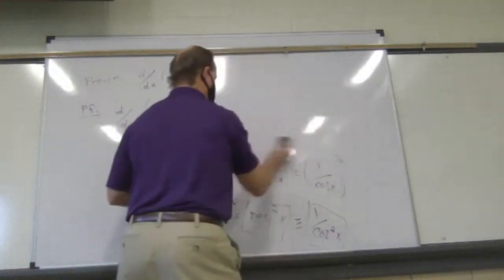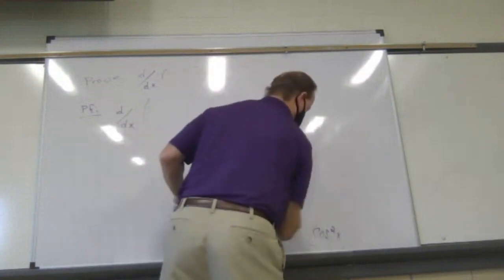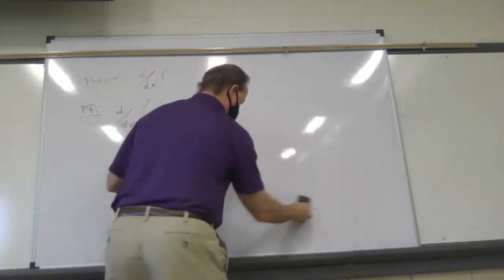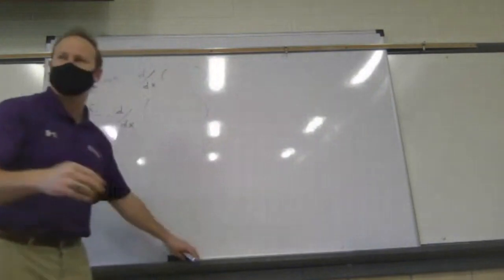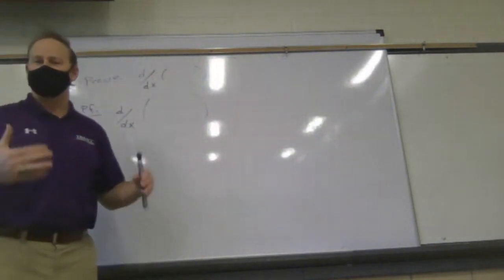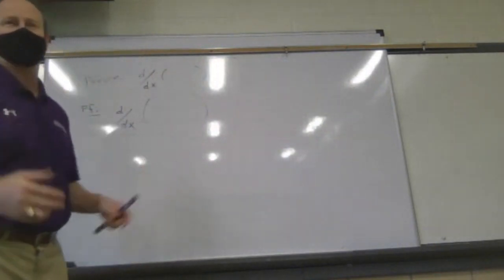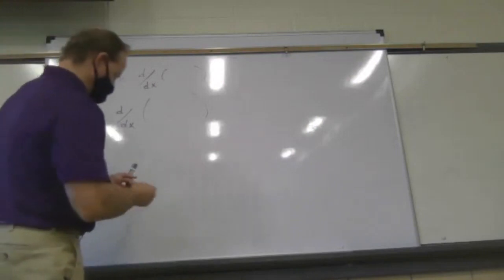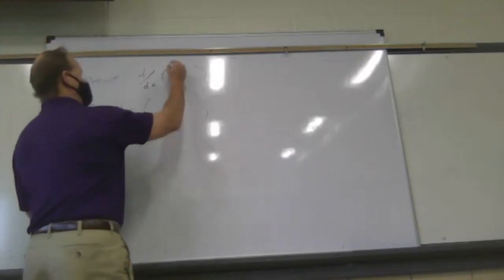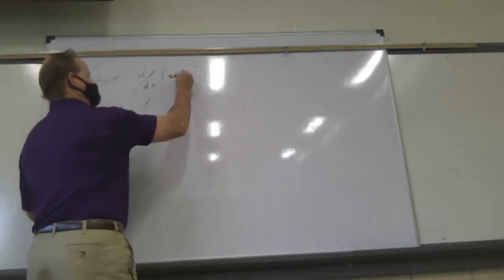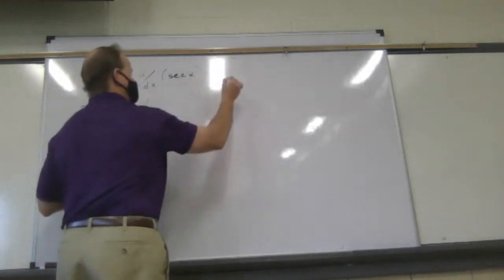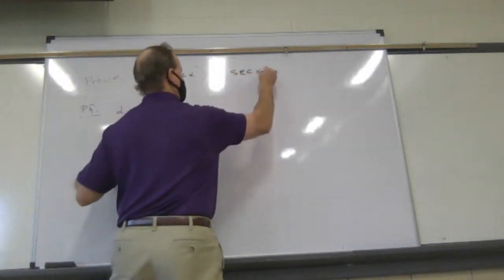So by the way, it is not appropriate for me to just say secant because you can't just have secant. It's always got to be secant of something, right? So when I say secant, I mean secant of x or secant of theta or whatever your dummy variable is. So I want you to prove that the derivative with respect to x of secant of x is secant x tangent x.